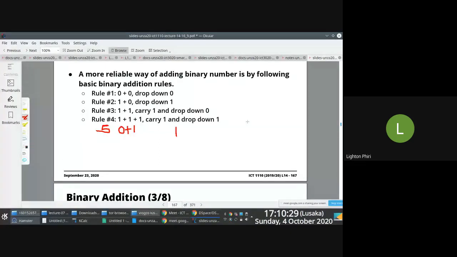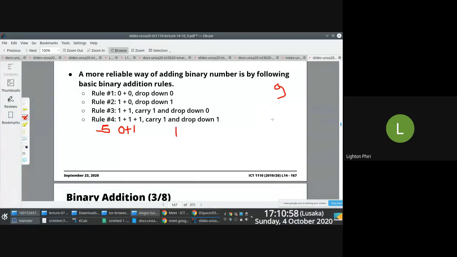You remember what Miss Banda told you in grade 1, I guess, or primary school, when you are adding 9 and 2. Now, this is probably a bad example here.